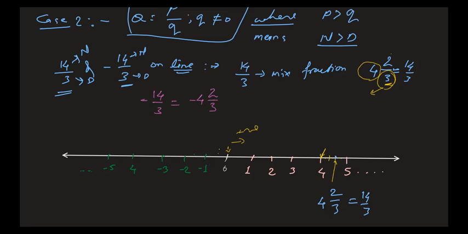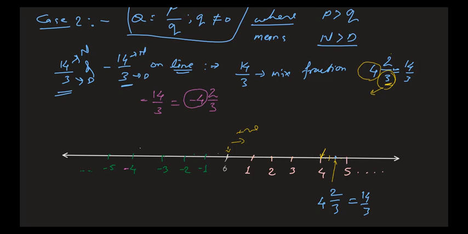Because this minus 4 represents the negative, from 0 to the left hand side, or from 0 to the negative side on a number line. So you take here this 0, this 1, this 2, this 3, this 4 and this is minus 4.